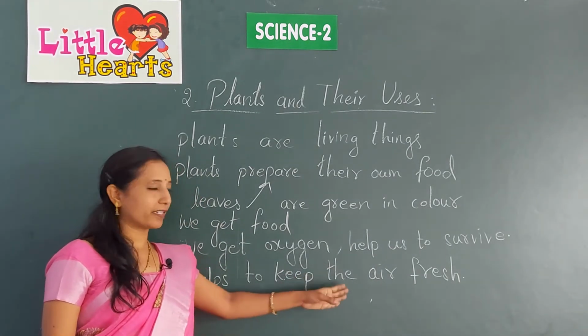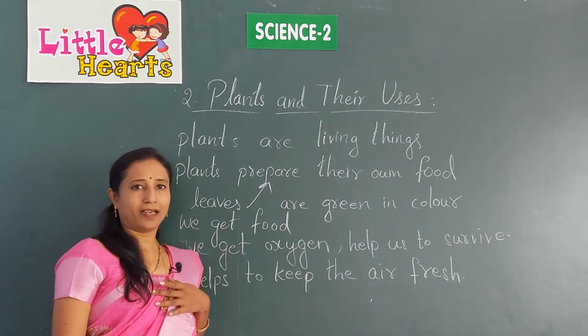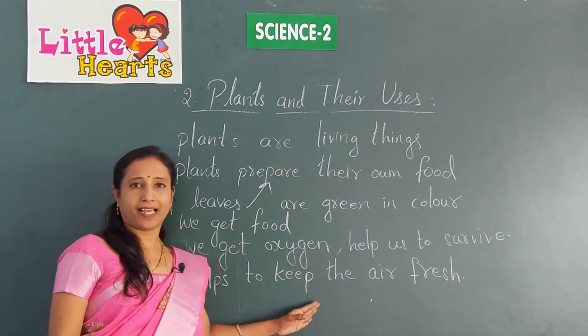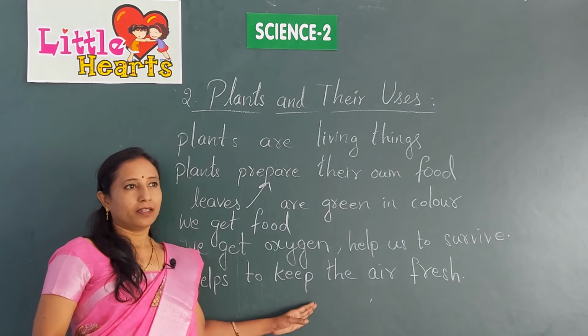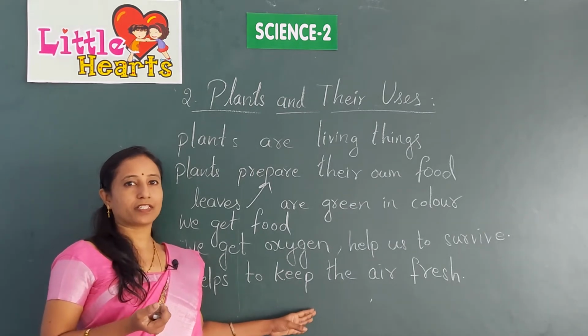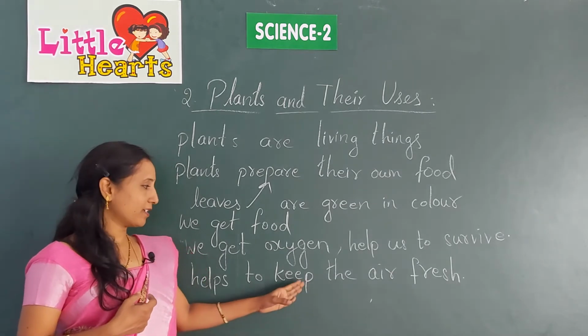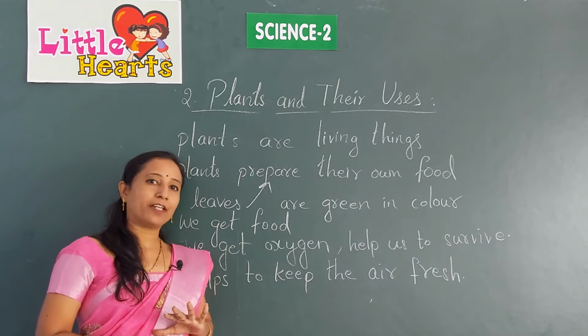So how do these plants keep the air fresh? Plants give out oxygen which we need. And what do plants need? Plants need carbon dioxide from the air. We give out carbon dioxide, which is not necessary for us and is a harmful gas for us. Plants take the carbon dioxide and make the air fresh and clean.